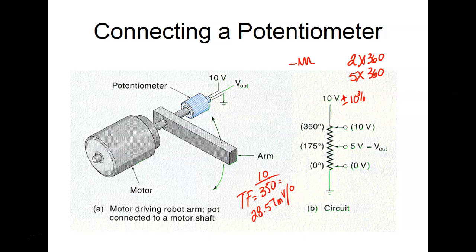We understand that if we use 350 degrees, it's going to have a plus or minus 10% tolerance on it, right? If I needed it to be extremely accurate, then I would measure the degrees. And measuring degrees is not hard, right? You understand how we would do that?